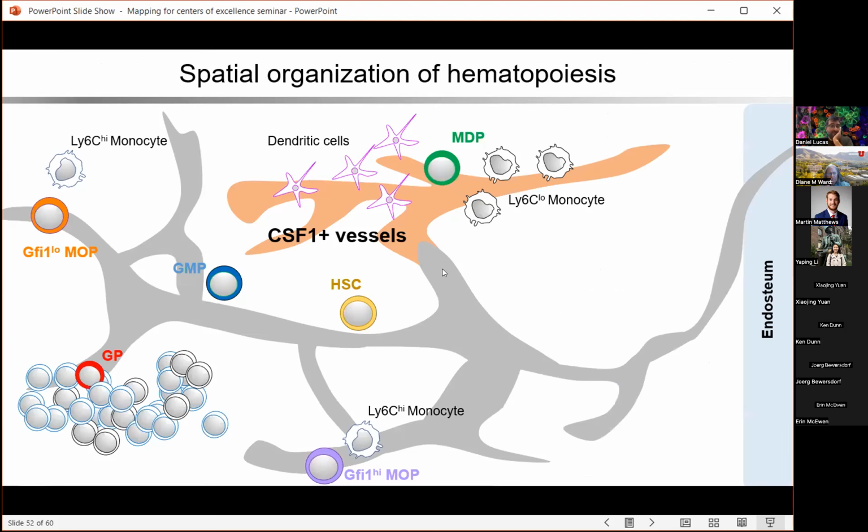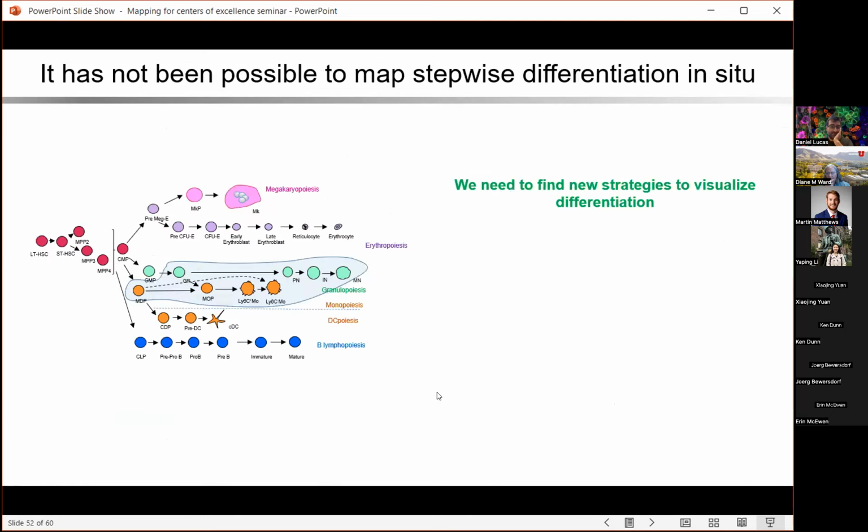So we think that the CSF1 positive vessels are a niche that recruits the progenitors and regulates their differentiation, and especially organizes the production of monocytes and dendritic cells. We think that there are going to be similar niches, at least for granulocyte progenitors and probably other structures that we see in the bone marrow. And this, I hope, showcases the power of imaging to formulate the hypothesis that then you can interrogate using mouse genetics.